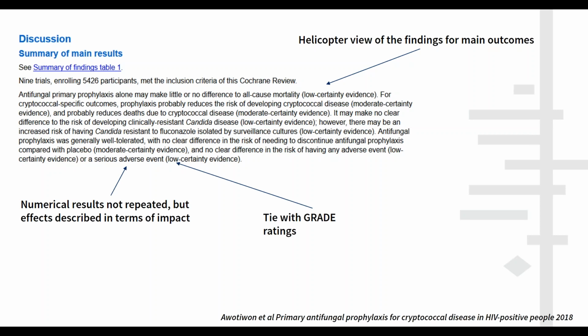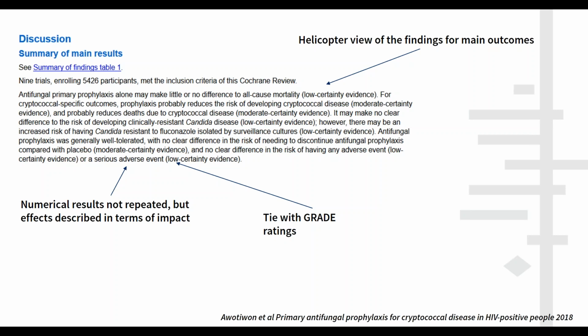There's a stronger link here, I'd say, between the summary findings table and this section than there is between the results section and this section. So they're drawing down the information from the summary findings tables into the discussion as a first paragraph, and that's nicer to read. You're not dominated by risk ratios or 95% and brackets.